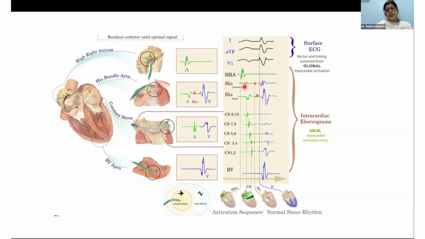After the His A deflection, we go to CS 9-10 towards the os, which in sinus rhythm will be stimulated first, followed by CS 7-8 and so on towards CS 1-2, which is present on the left side. And finally, we have a His deflection and then a V wave. This is the normal sinus rhythm activation sequence, starting with the high right atrium, where the sinus node is present, moving to the His, and then the other CS leads, and finally, H and V waves.